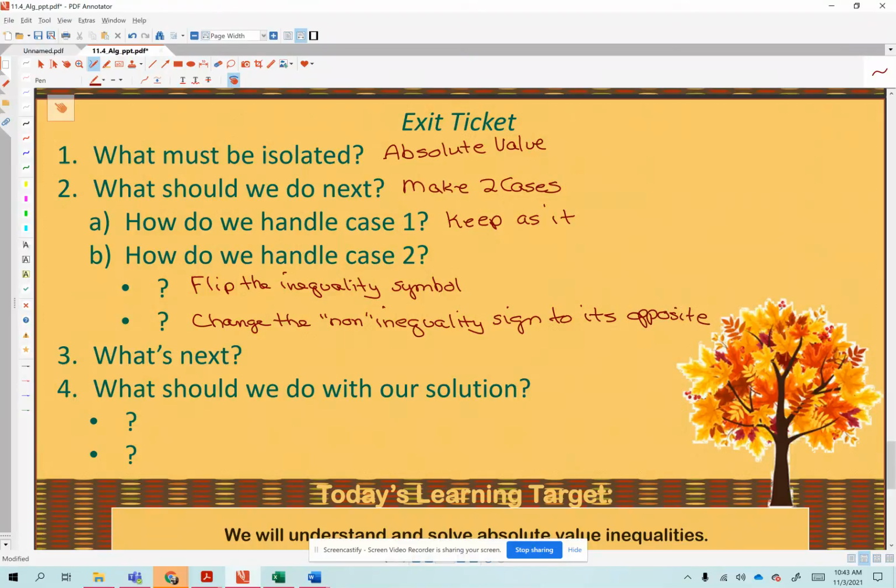And then what's next is we solve both inequalities. And we have our solution. We should graph it, and we should write it in interval notation.